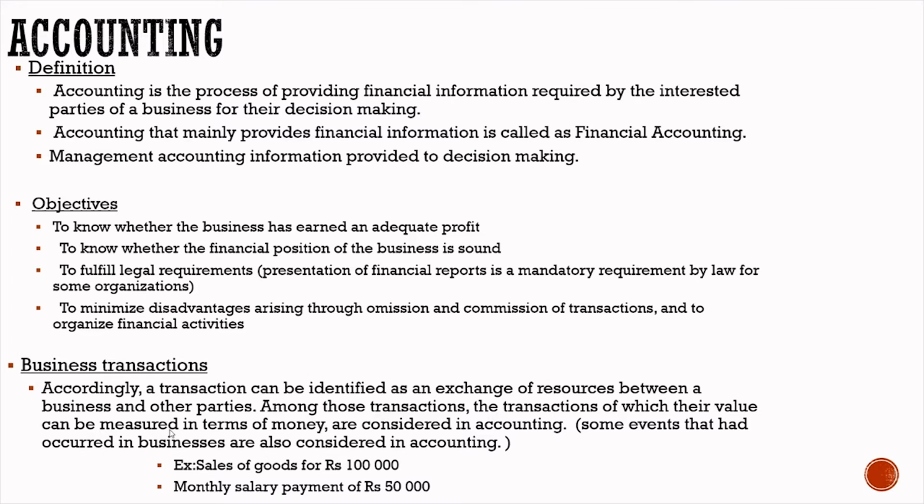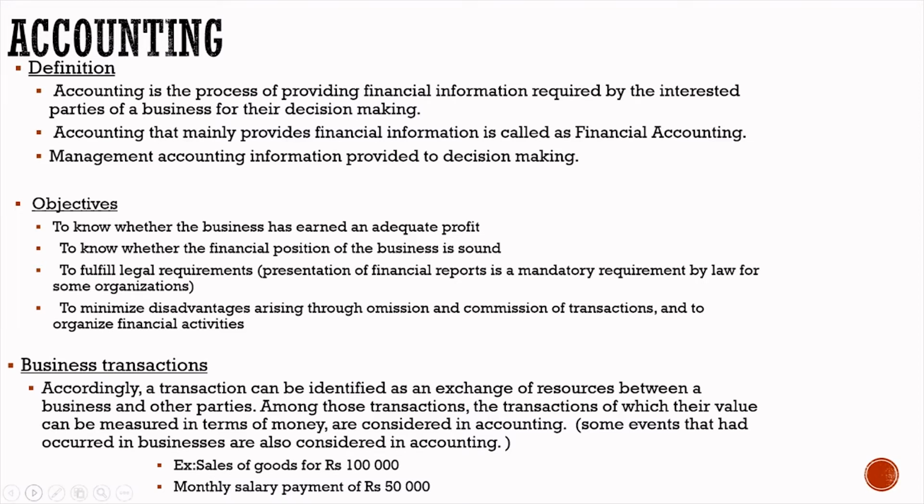For example, if there's a sale of goods of rupees 100,000, you can measure the amount of goods sold, there's a money value, then it comes under our accounts as it is a business transaction. If we paid a salary of rupees 50,000, then it is a business transaction. There's a value recorded, so we can take it as a transaction.